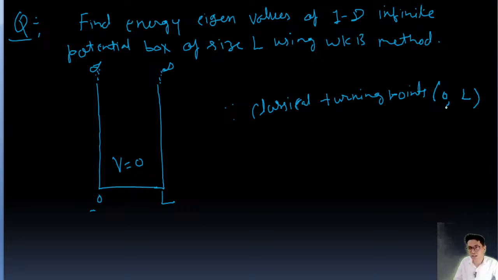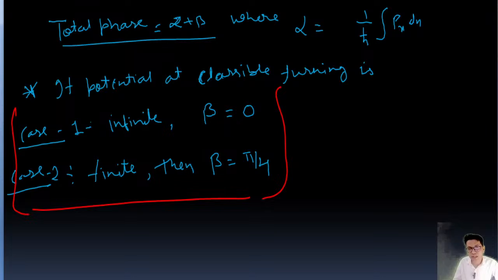So the classical turning points, 0 and L, lie at infinite potential. At 0 the potential is infinite, at L the potential is infinite. So this implies, and we know if that is the case, beta equal to 0, right?